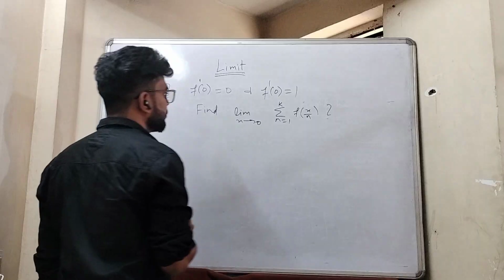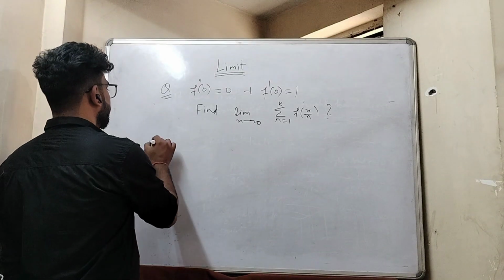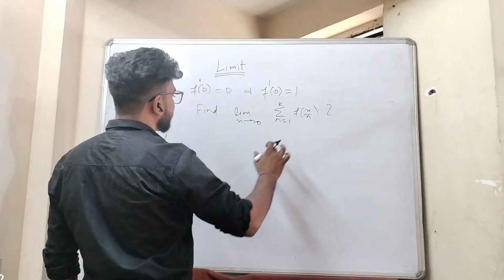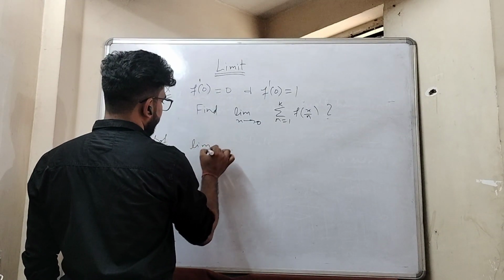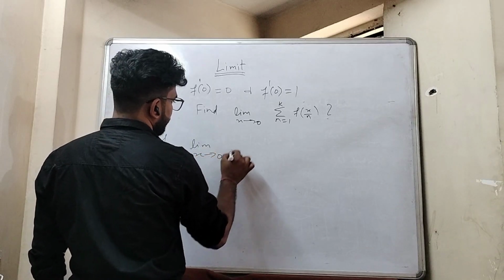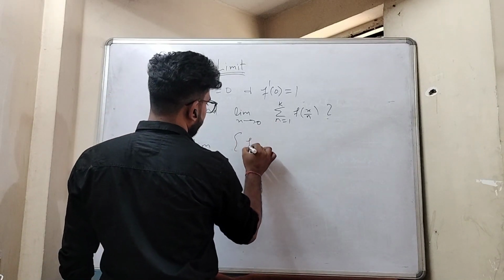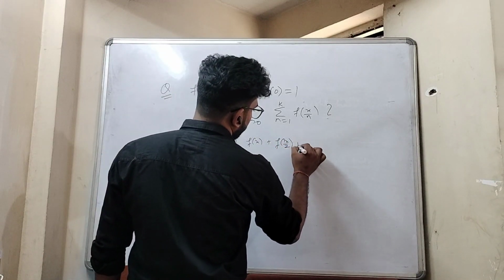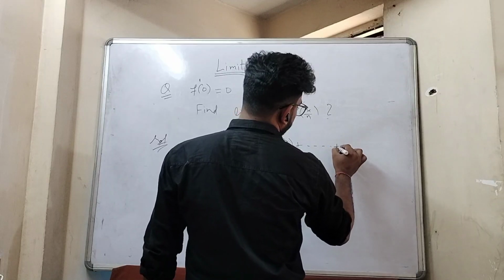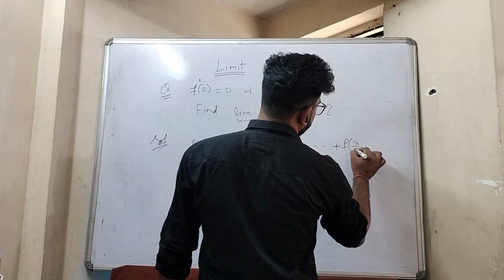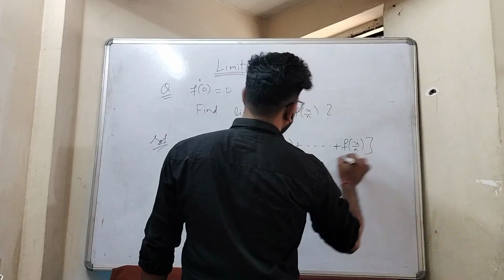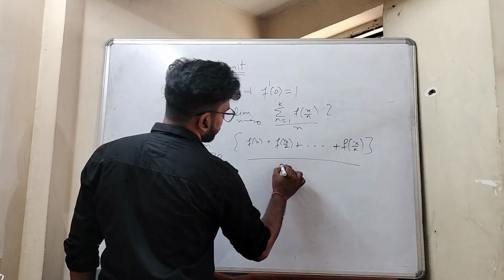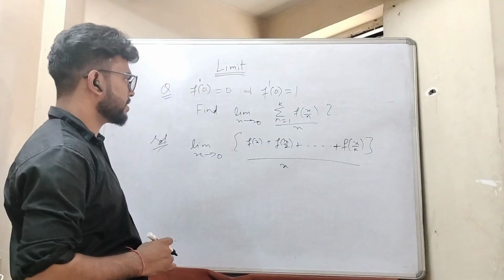We have to find the limit of this thing. So the solution would be: first of all, we expand this as a series. It is f of x plus f of x by 2 plus so on, up to f of x by k, and in the denominator there is x.